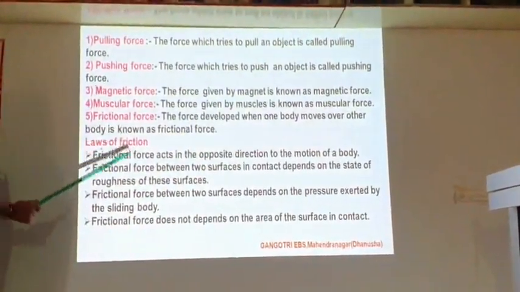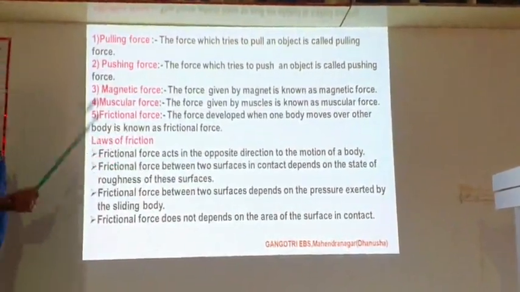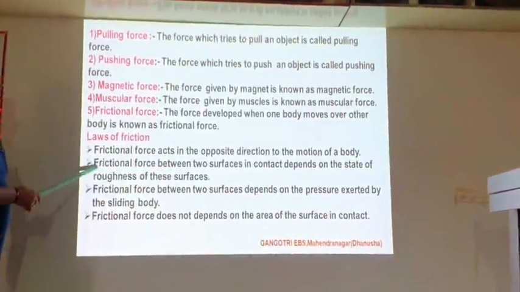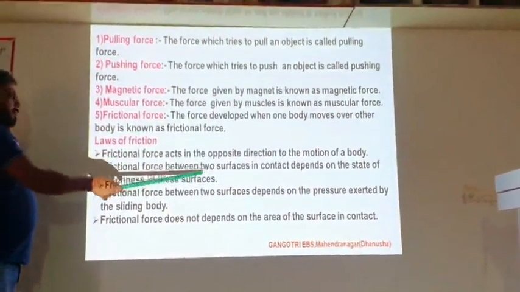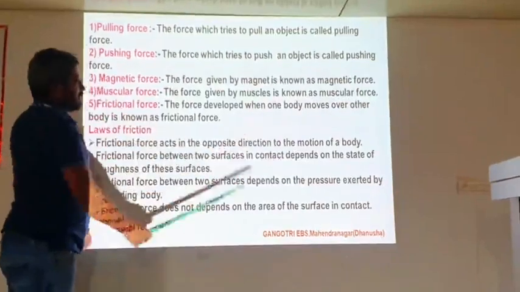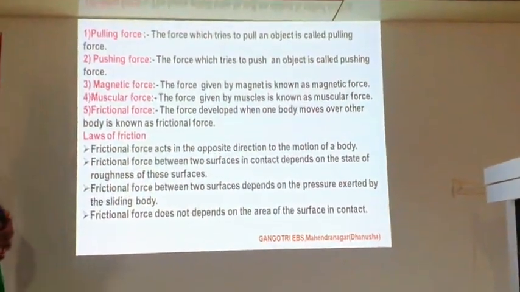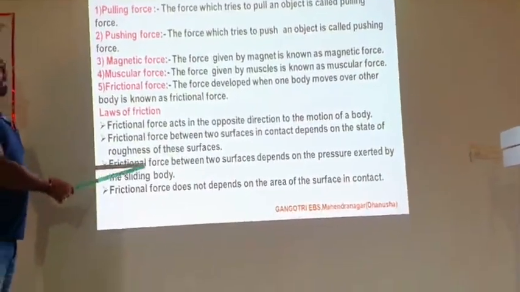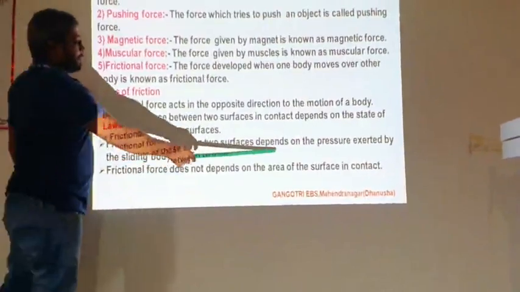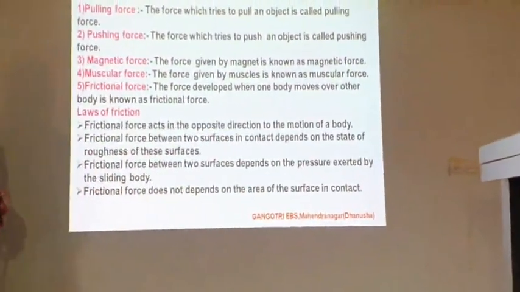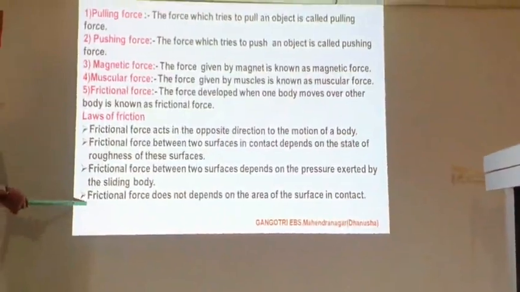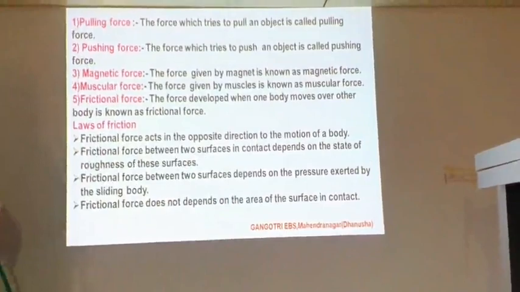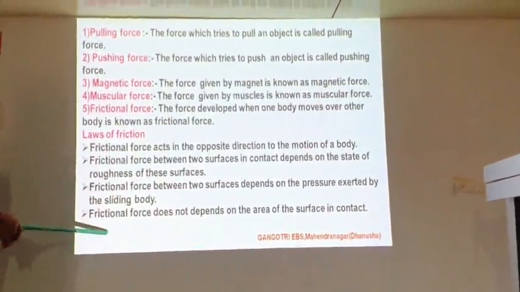That is the first law of friction. The frictional force between two surfaces in contact depends on the roughness of the surfaces. The frictional force between two surfaces also depends on the pressure exerted by the sliding body. Another law is that frictional force does not depend on the area of the surface in contact.